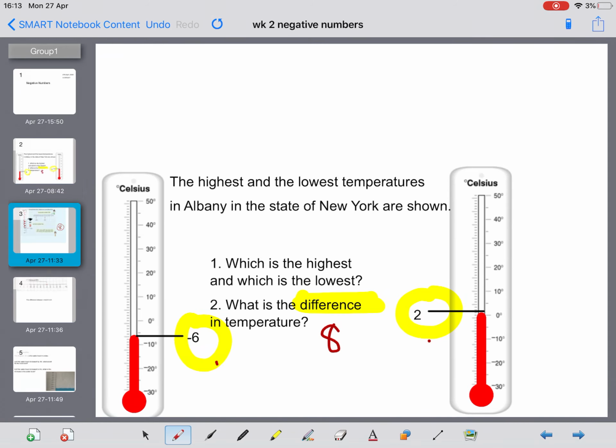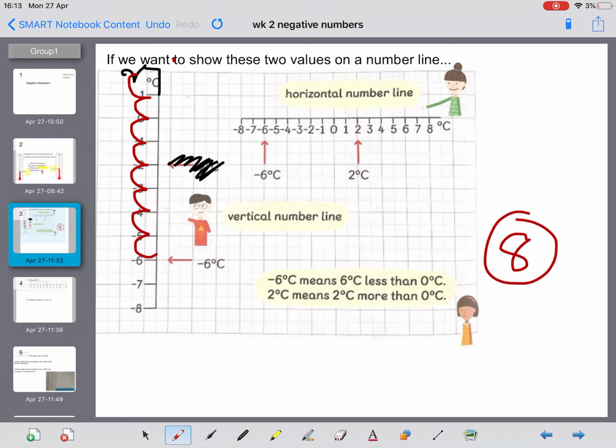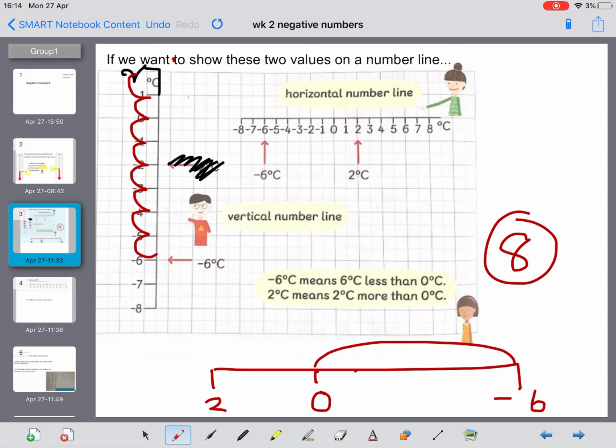Now another way to think about this is if you're doing a number line without those numbers on it, I'm doing it like this, and that's my 0, that's 2, and that's -6. So to get from -6 back up to 0, you'd count 6, and then to go from 0 to 2, you'd count 2.